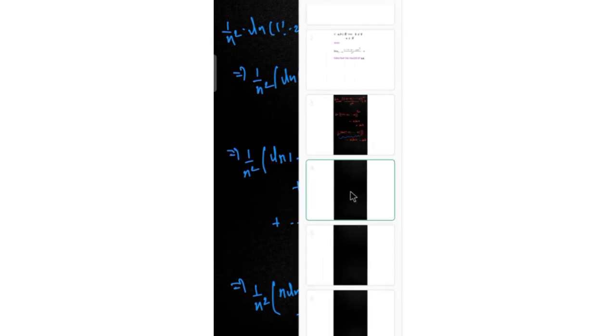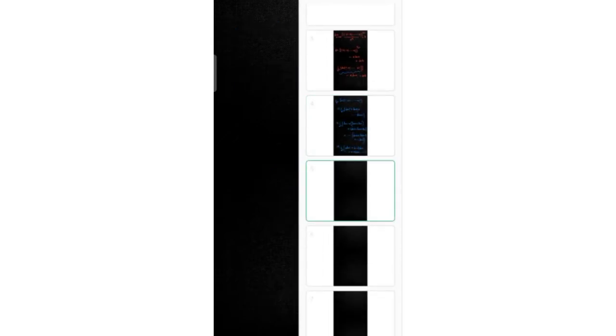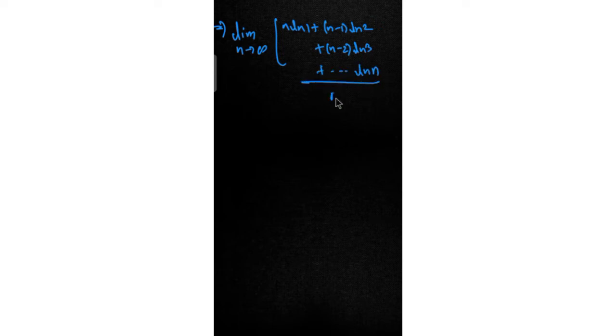And now I'll just combine these two, I'm just writing the first term as well as the second term. So it is limit n tends to infinity of n ln 1 plus n minus 1 ln 2 plus n minus 2 ln 3 plus so on ln n, divided by n square.